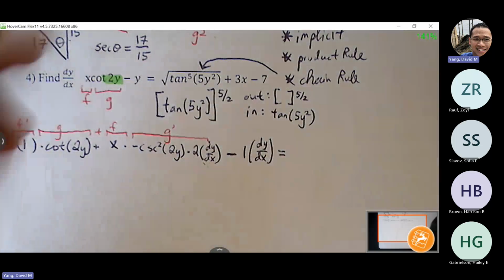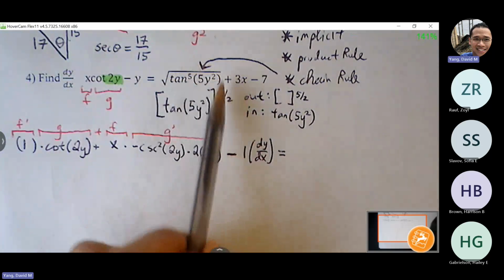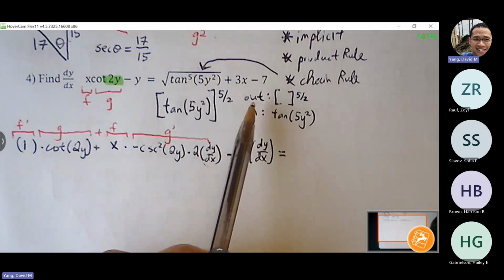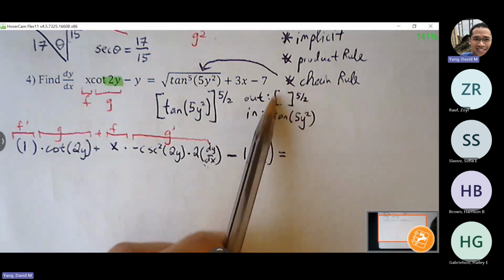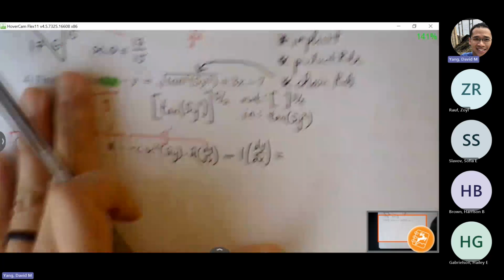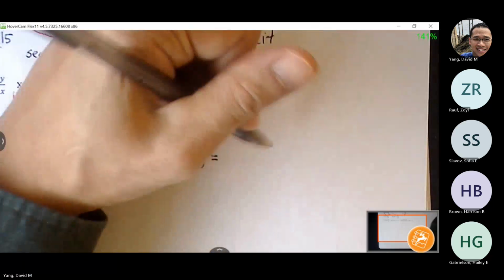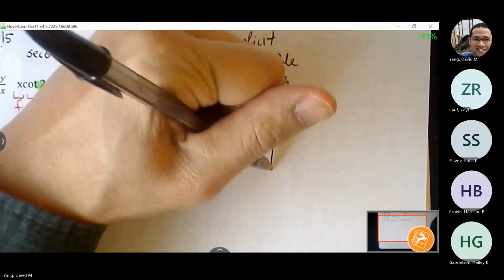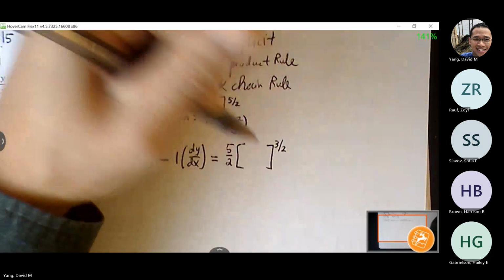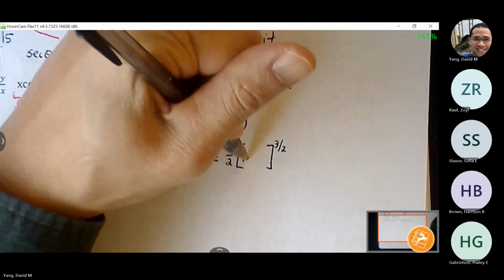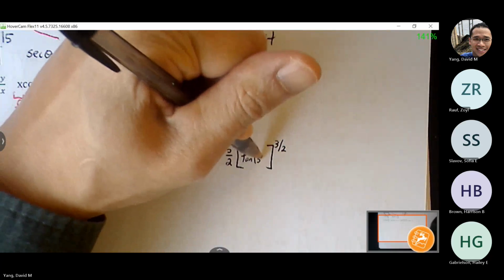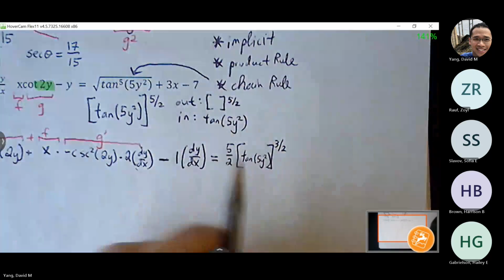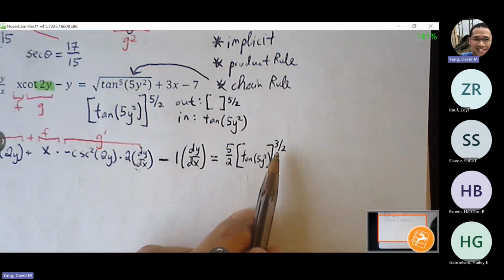Okay, left side of the equation is done. The right side, we have to take care of chain rule here. So outside's derivative, we'll do power rule for that outside portion. Okay, so 5/2 bracket to the 3/2.